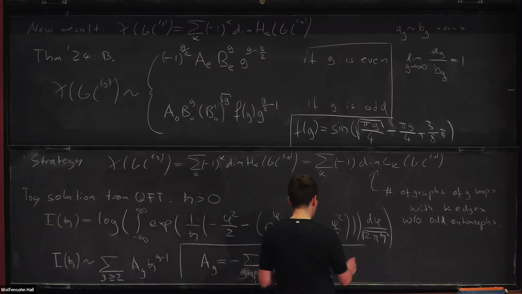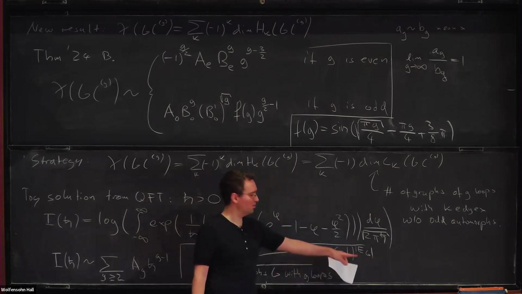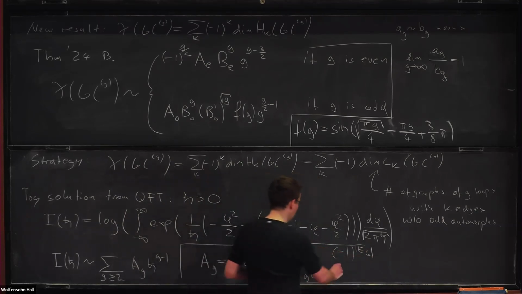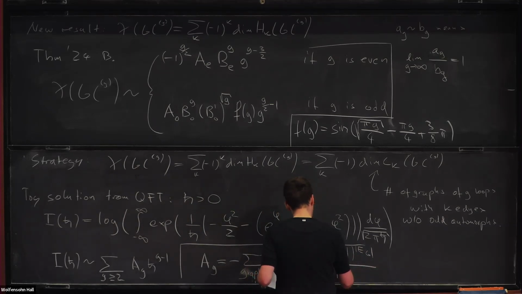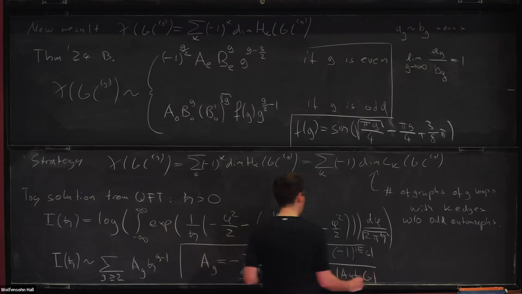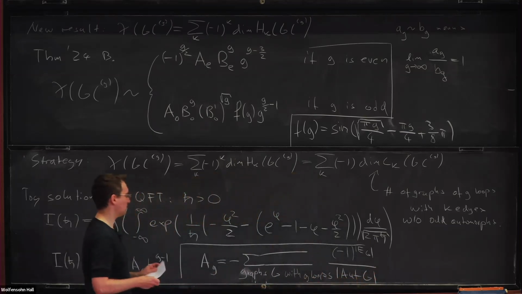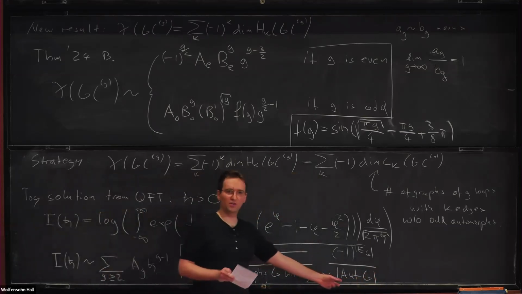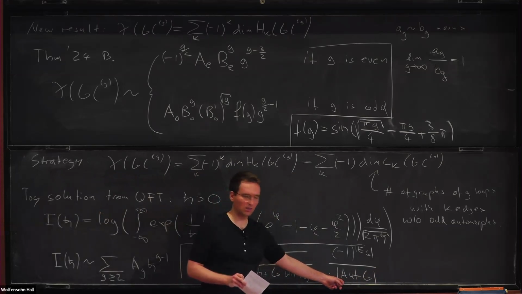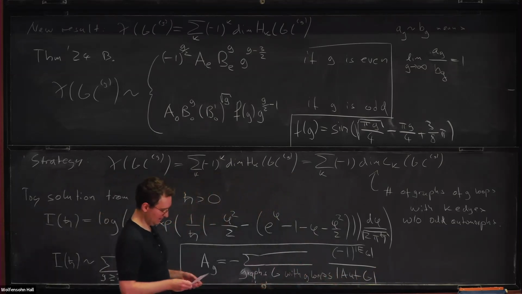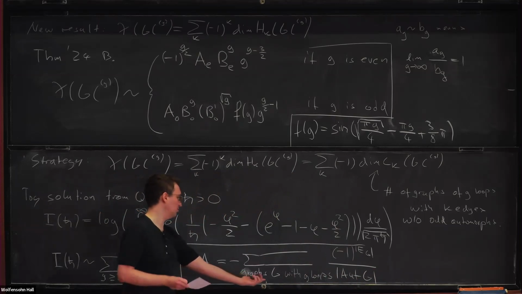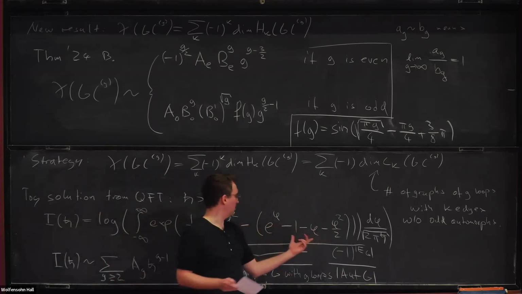For each graph, we take the minus sign to the power of the number of edges of the graph over the cardinality of the automorphism group of the graph. So each graph is weighted with the symmetry factor in physics, and this is a finite sum because there are only finitely many graphs with g loops.